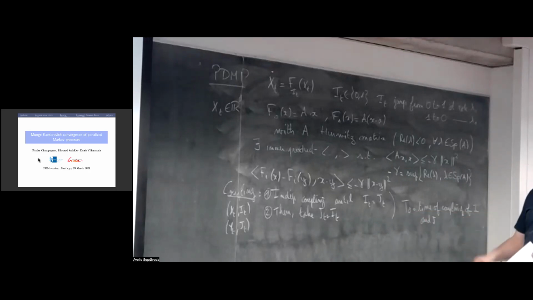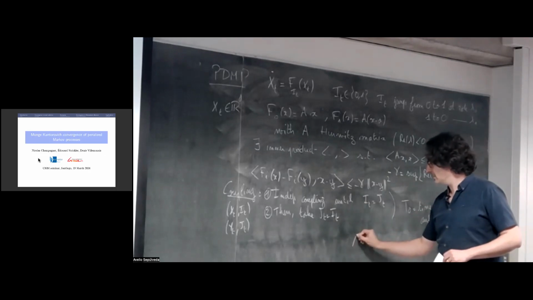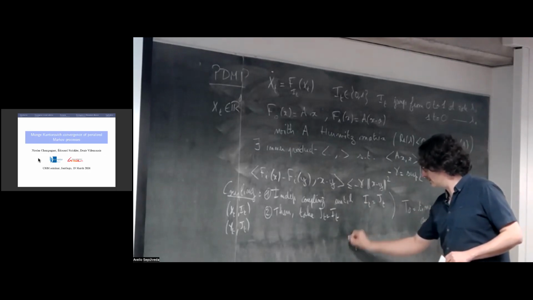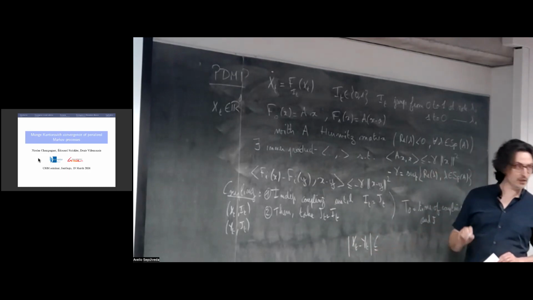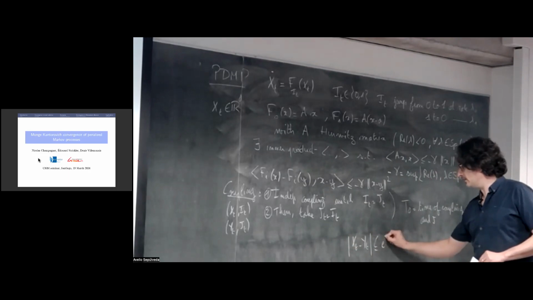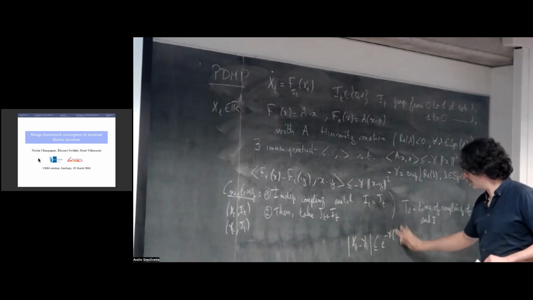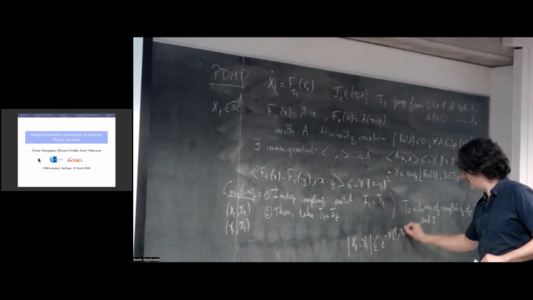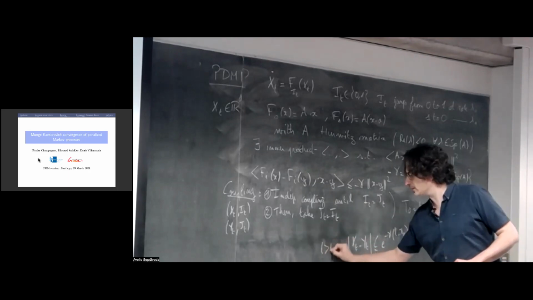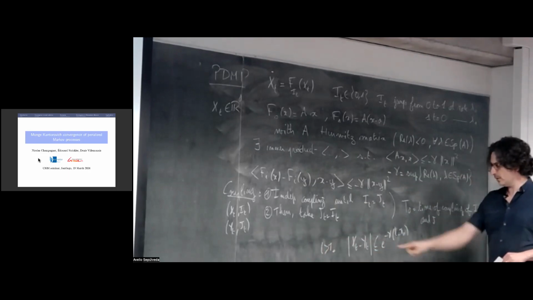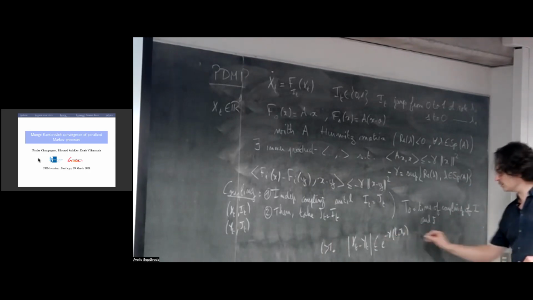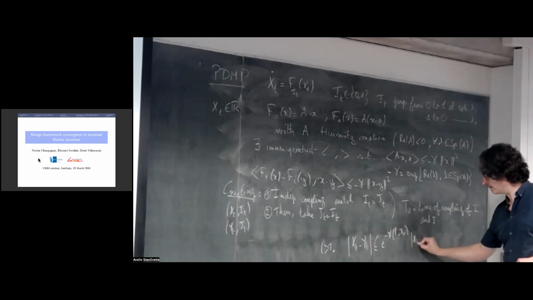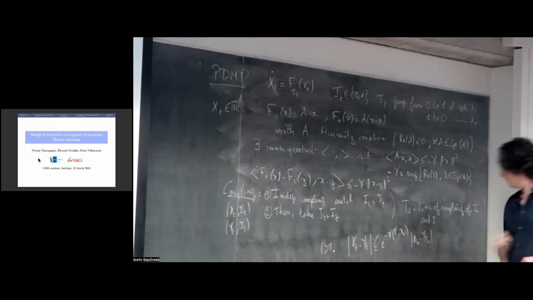So now from this, what you get is that once the two processes follow the same vector fields, if you assume that t is larger than t0, what you have is that |X_t minus Y_t| is less than e to the minus gamma (t minus t0) times |X_t0 minus Y_t0|.